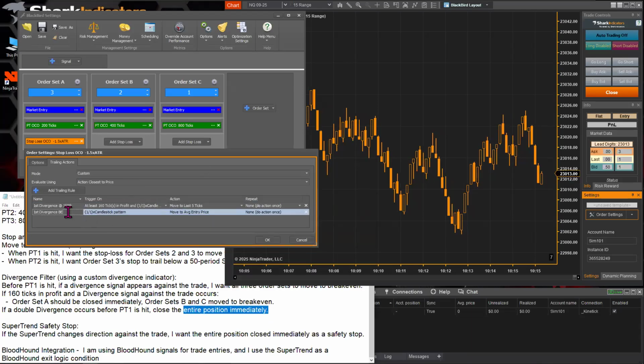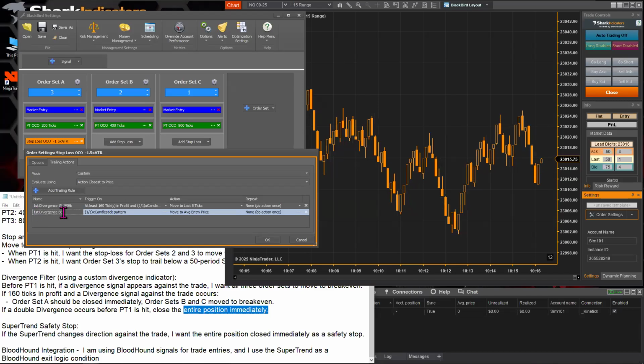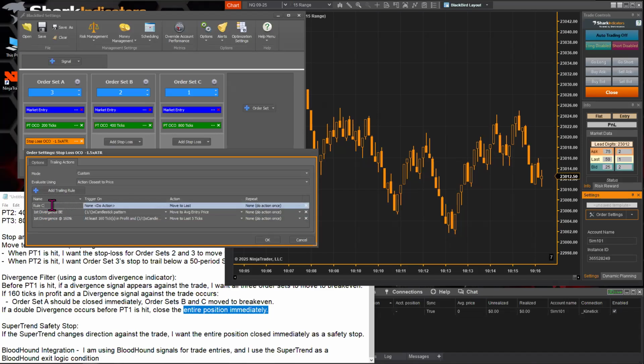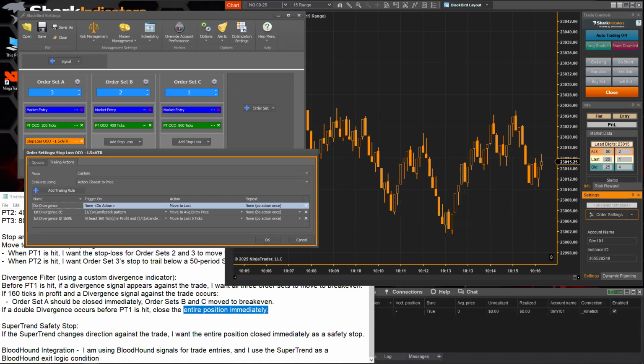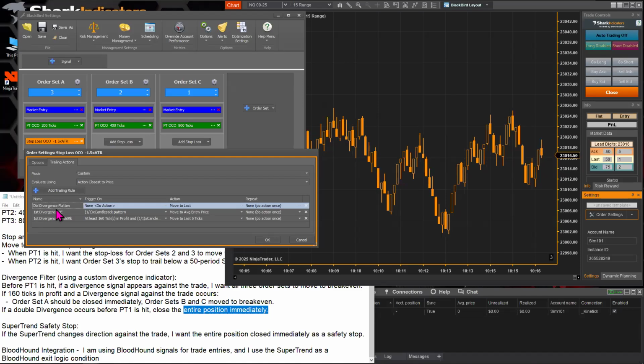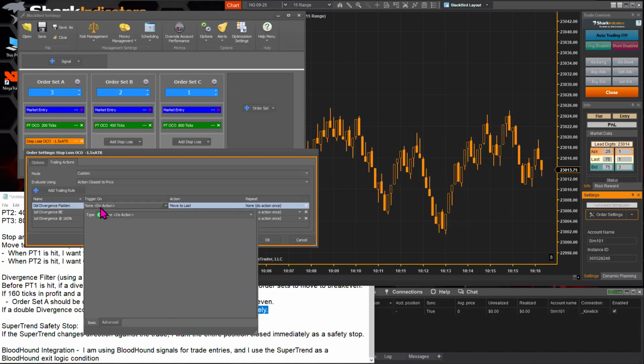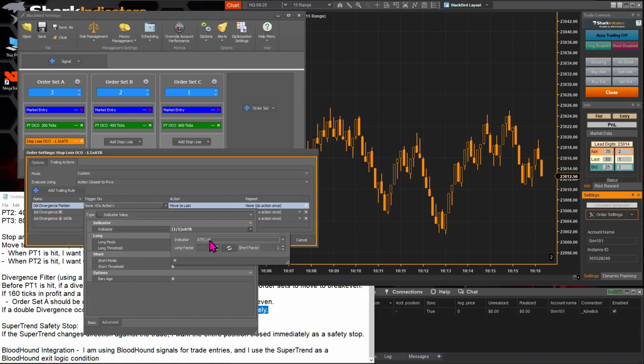So essentially, we are making a copy of this rule here. Let's add another one here. There we go. So double divergence, and we'll flatten there. Once again, we're going to open up the triggers and add that indicator value.